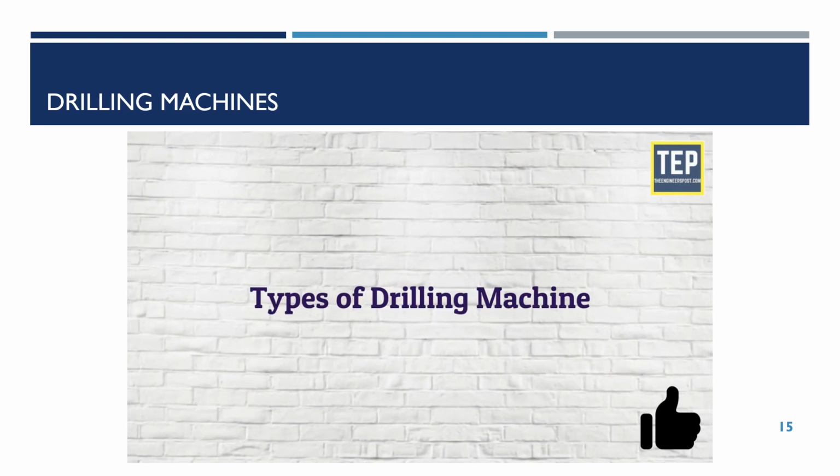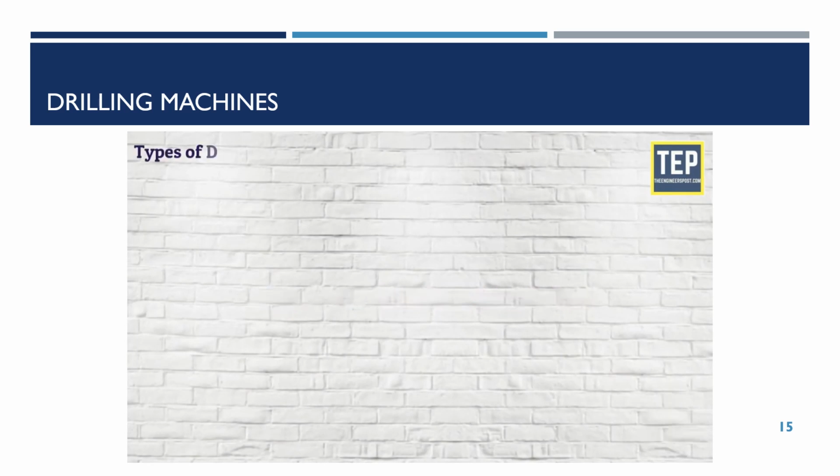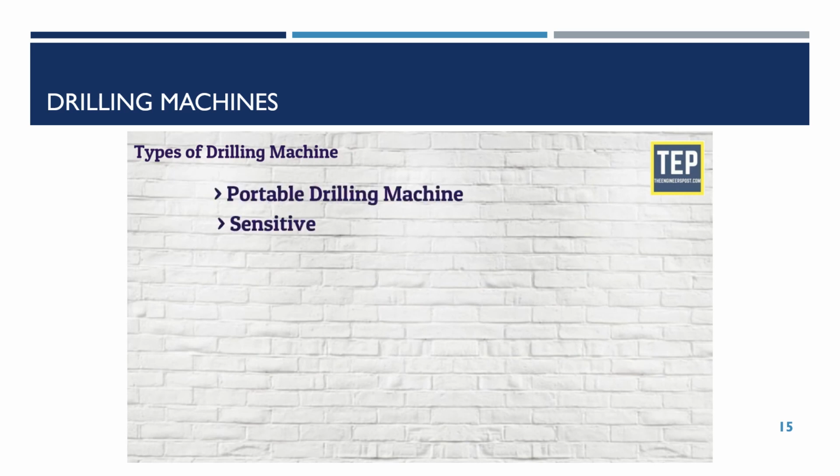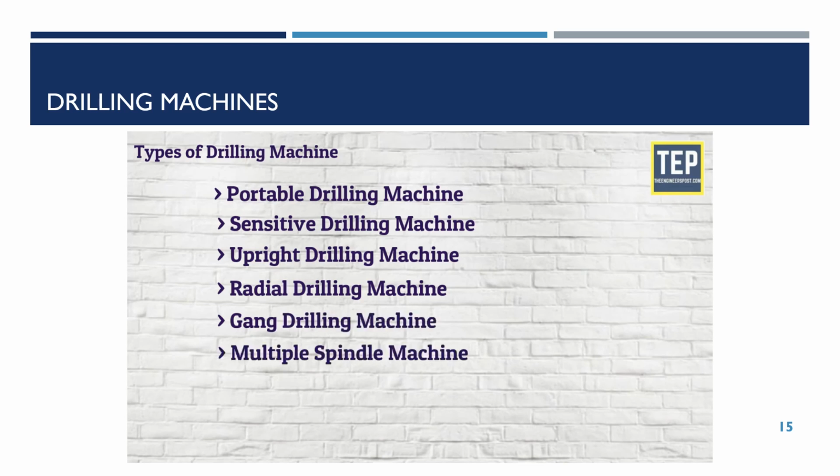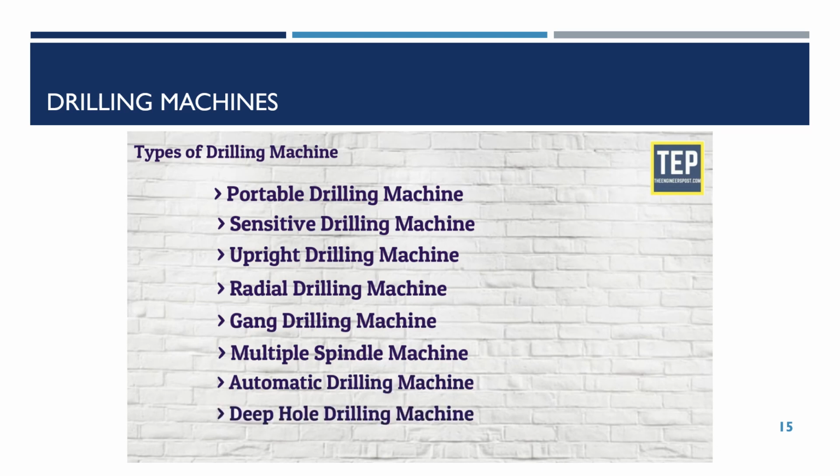Types of drilling machine. There are 8 different types of drilling machine used, which are portable drilling machine, sensitive drilling machine, upright drilling machine, radial drilling machine, gang drilling machine, multiple spindle machine, automatic drilling machine, and deep hole drilling machine.